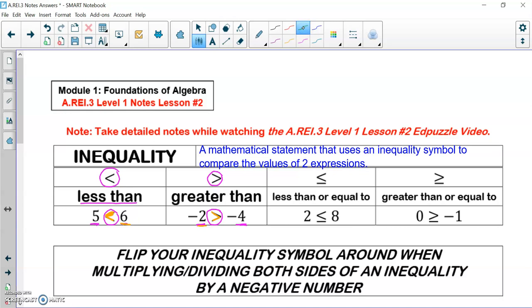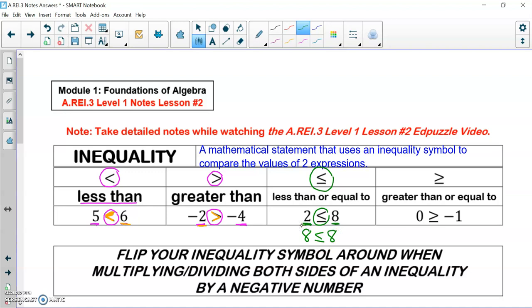And then we have the less than or equal to symbol, which means that if we have a number, let's say 2, and a number, let's say 8, well, 2 is less than or equal to 8. You can also say 8 is less than or equal to 8.